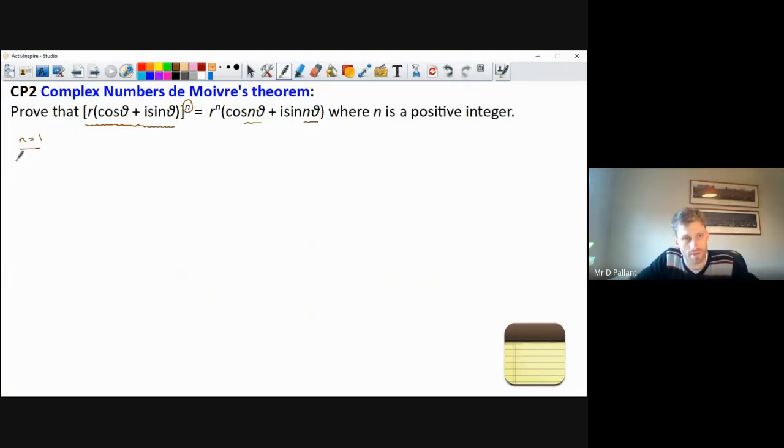So the left-hand side will simply be the simple term there, and the right-hand side will be r to the power of 1 cos 1 theta plus i sine 1 theta. Okay, so they're the same. Good. Assume true for n equals k.